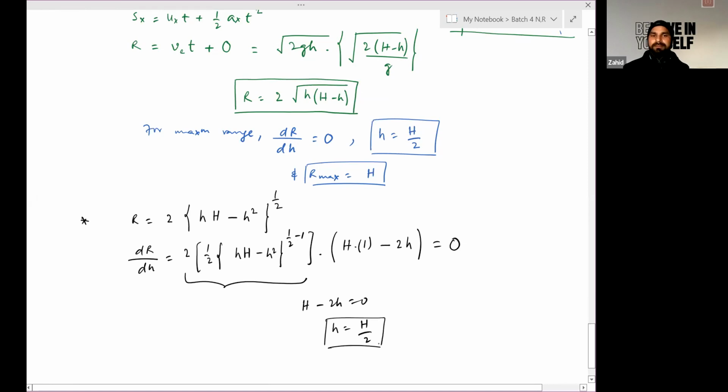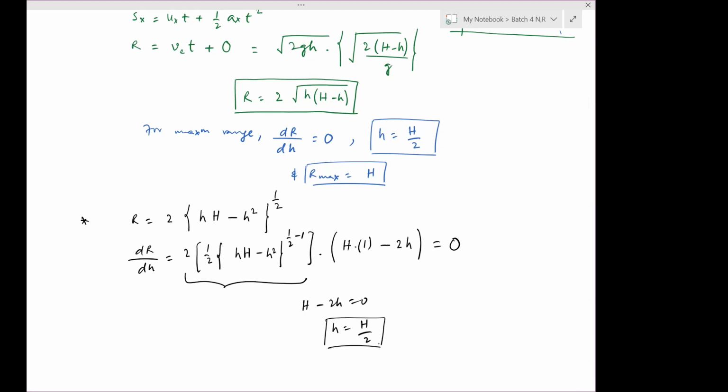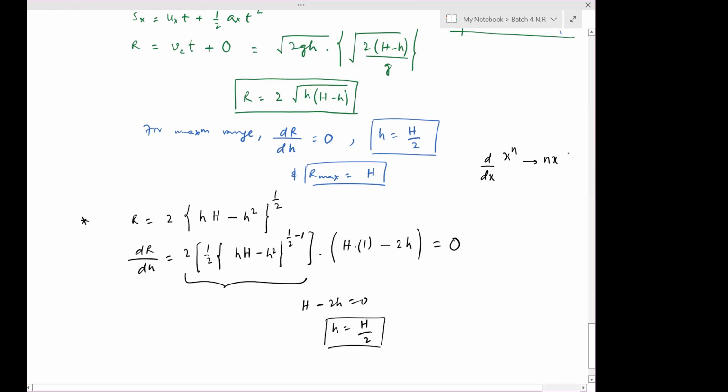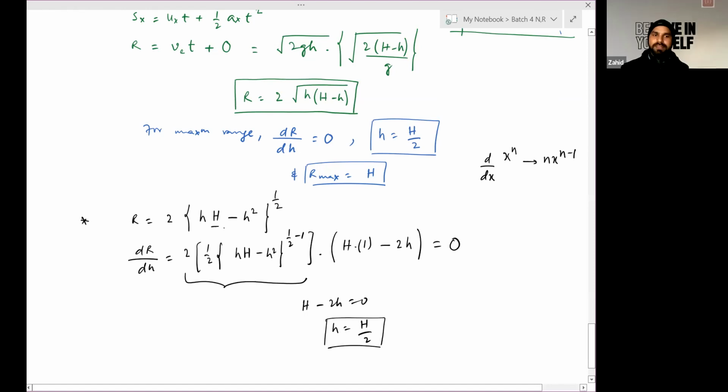Is it clear? Sir, how did you get H into 1? Whenever you have x to the power n and you have to differentiate it, the rule of differentiation is n times x to the power n minus 1. In this part, H is constant, so keep it outside as a coefficient.